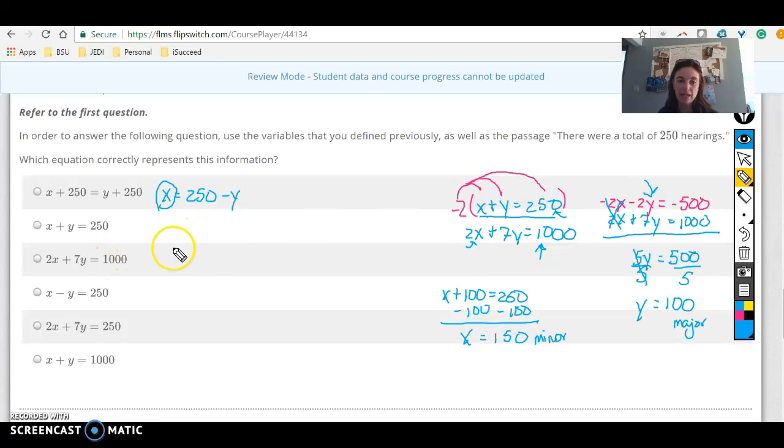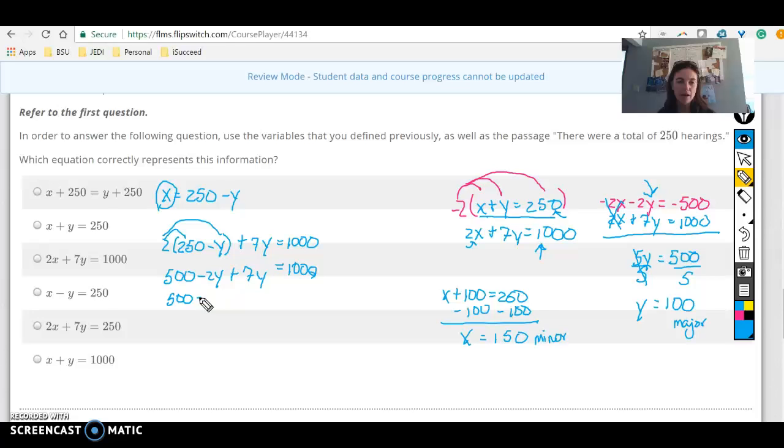So I'm going to say 2 times 250 minus y plus 7y equals 1,000. So this will be, I'm going to multiply the 2 through each term here. 500 minus 2y plus 7y equals 1,000. And I'm going to combine like terms.